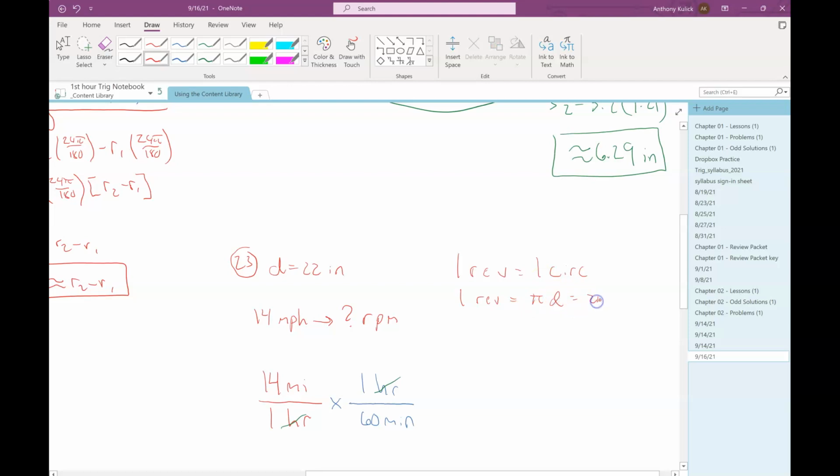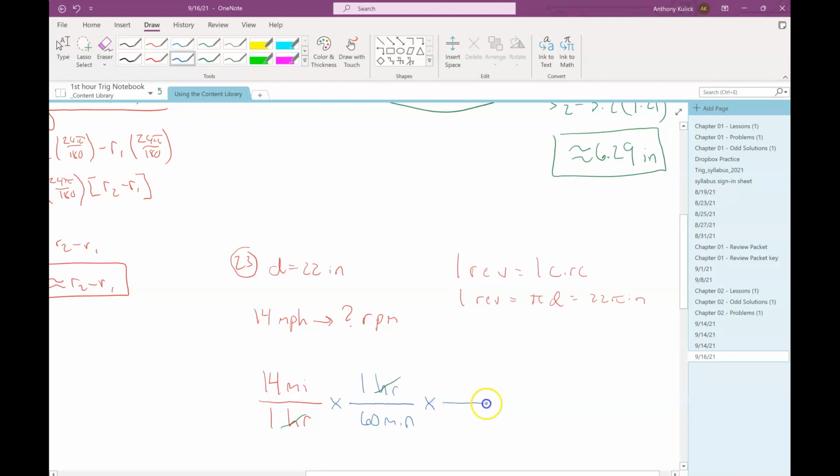So in this case, that would just be 22 pi. And that's inches. But currently my unit is in miles. So before I can do that conversion, I got to convert miles to inches.